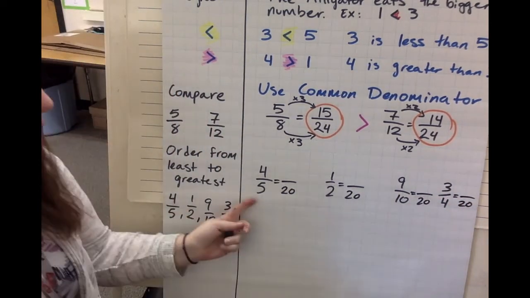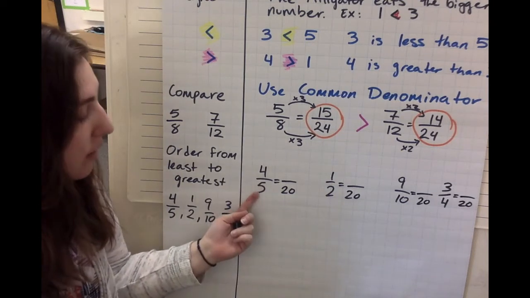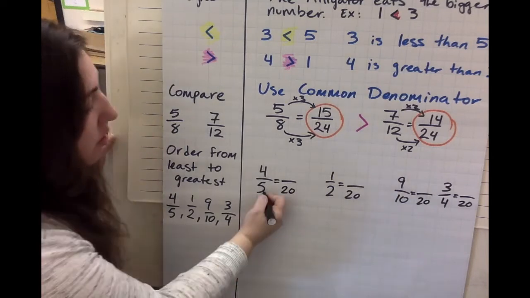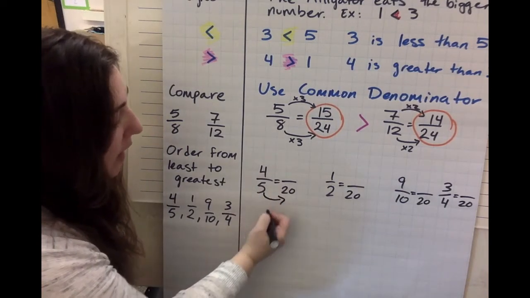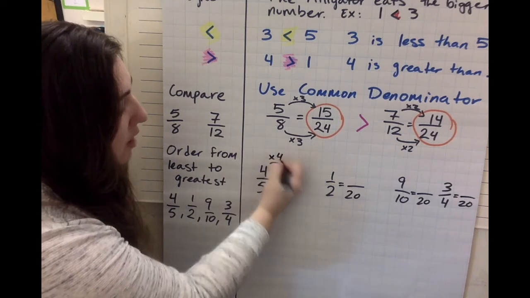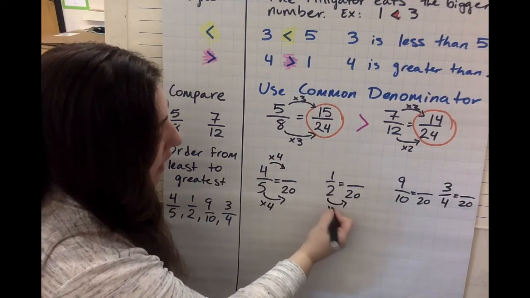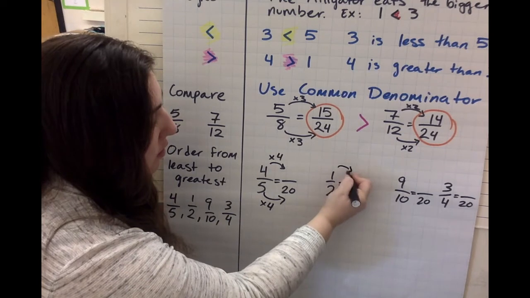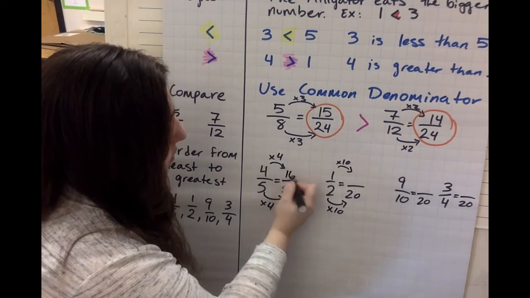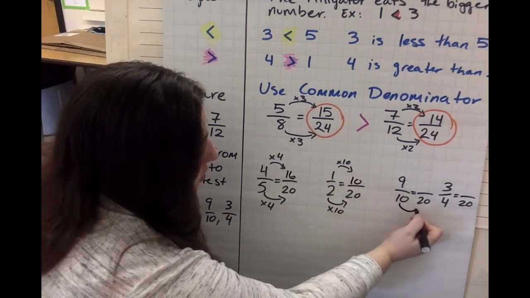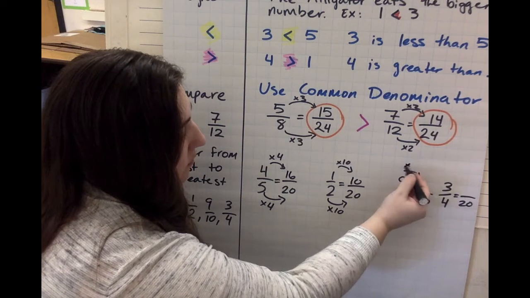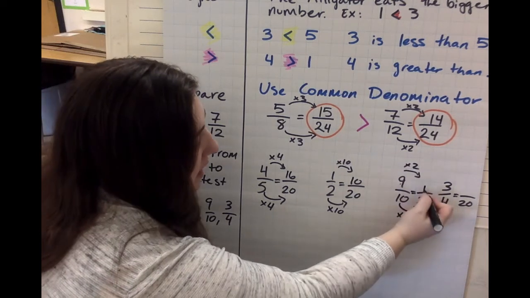Now I have to figure out how I go from each denominator to 20, and do the same for each numerator. 5 times 4 is 20, do the same to the top. 2 times 10 is 20, same to the top. 10 times 2 is 20, 9 times 2 is 18.